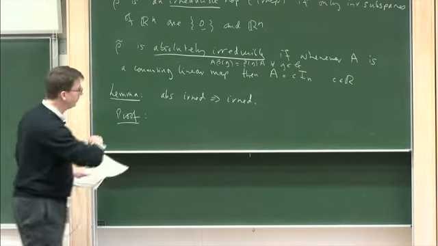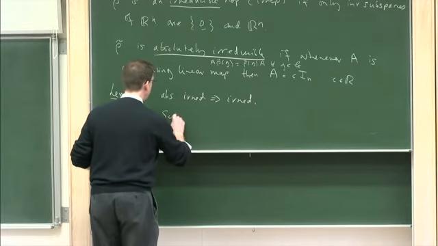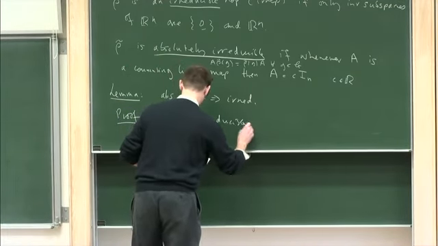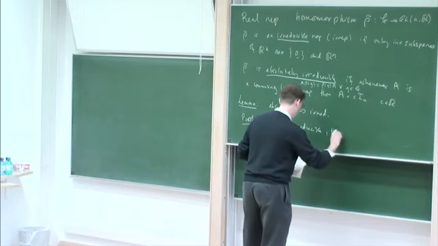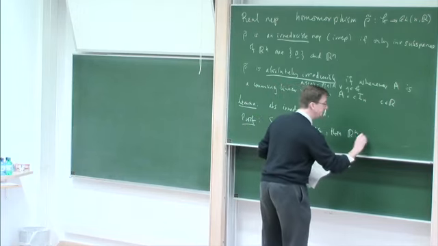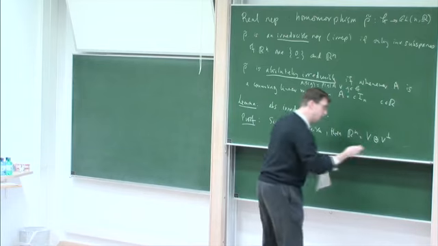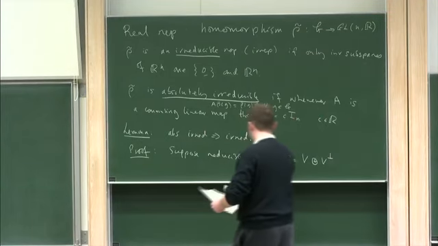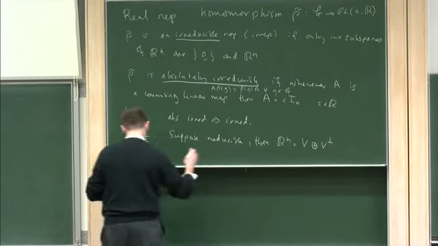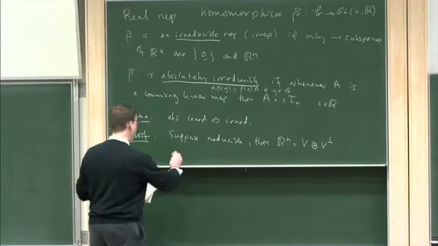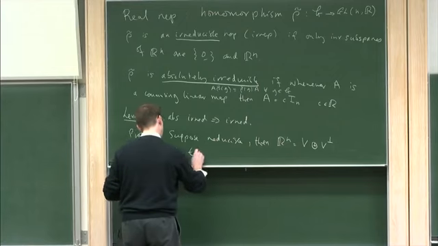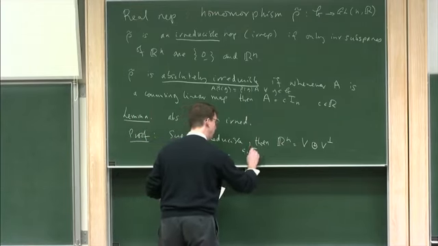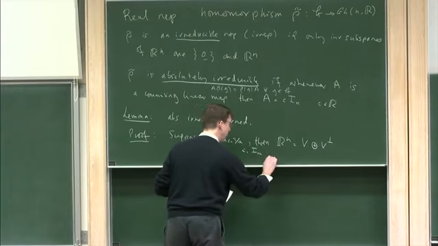proof is to prove the contrapositive of this, so suppose that I'm reducible. Okay, then if I'm reducible, I can write Rn as this direct sum decomposition. I have a separate action on each of these. So I can simply take an A which is some multiple of the identity matrix on each part.